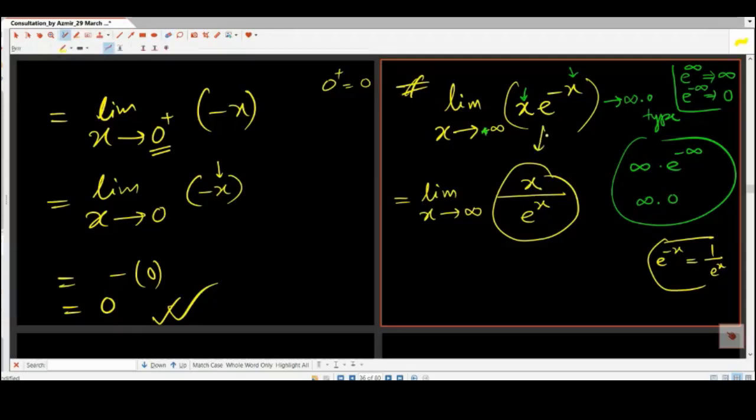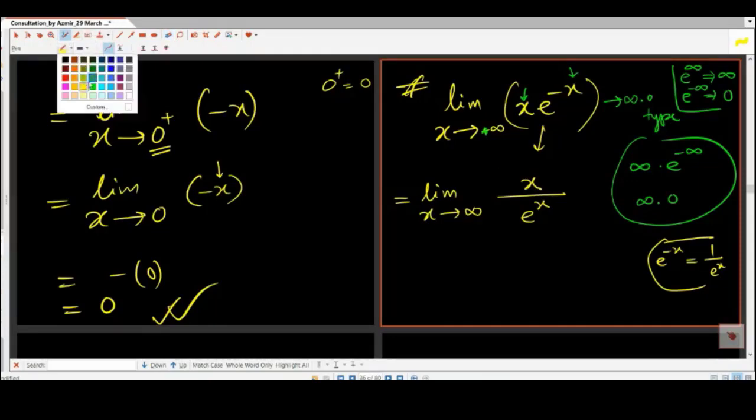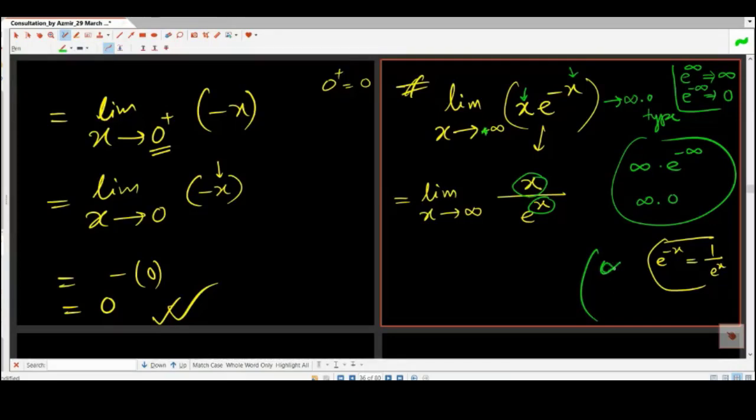So now, automatically, we may have 0 by 0 or infinity by infinity form here. So since we have plus infinity here, let's look at the positions for x. So again, we are checking in numerator we have infinity, in denominator we have e to the infinity.